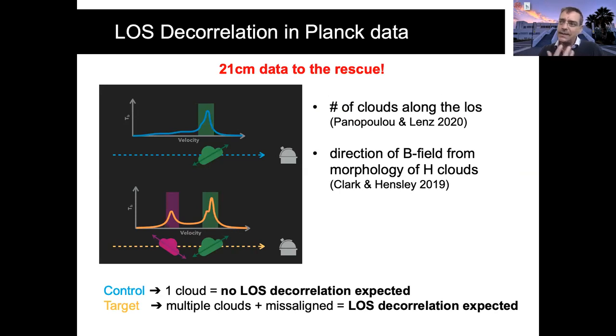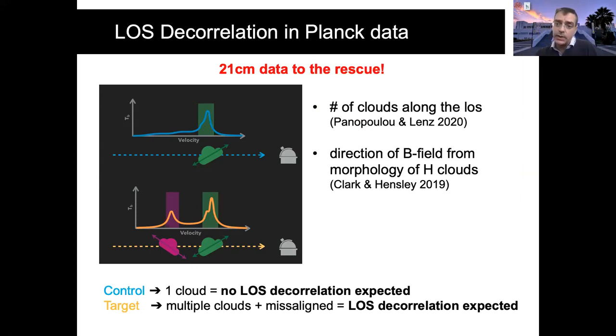So using this atomic hydrogen 21 centimeter data, we identified sightlines that were susceptible to this line of sight frequency decorrelation effect by intersecting more than one cloud with misaligned magnetic fields.